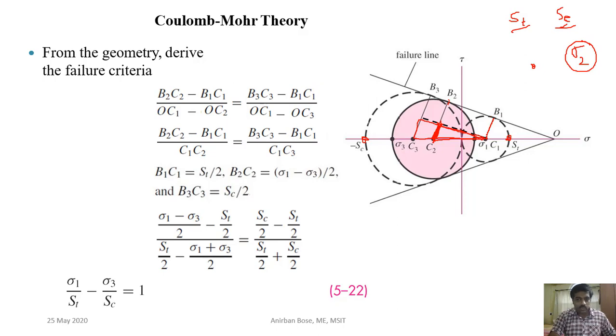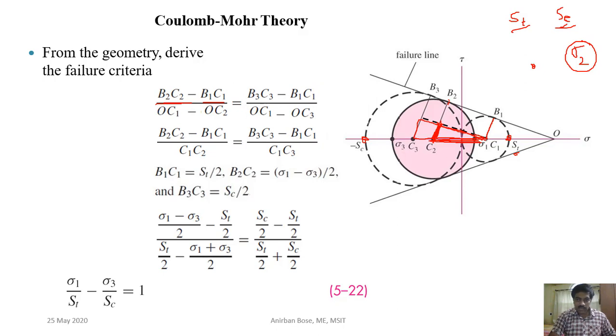B1C1 is the radius of this circle, which is ST by 2, because ST is the diameter of this circle; this is the tensile test, and ST is the tensile yield strength. So this length is equal to B2C2 minus B1C1, and this length is divided by this length. What is this length?